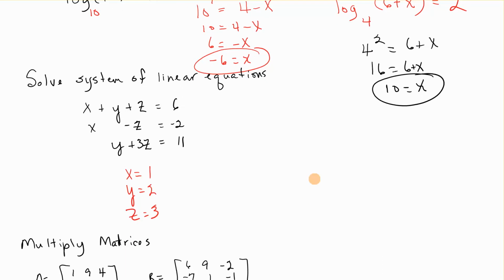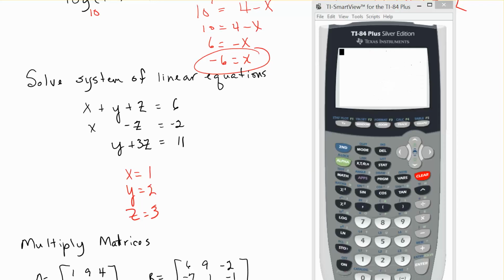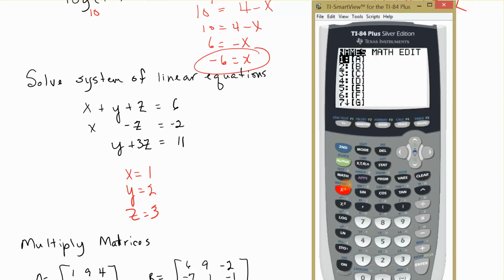All right, now we have several things about matrices. You're going to be asked to solve a system, and you can do this with the calculator. So I'm going to go through this one with you. We want to go to second matrix and over to edit and hit enter.